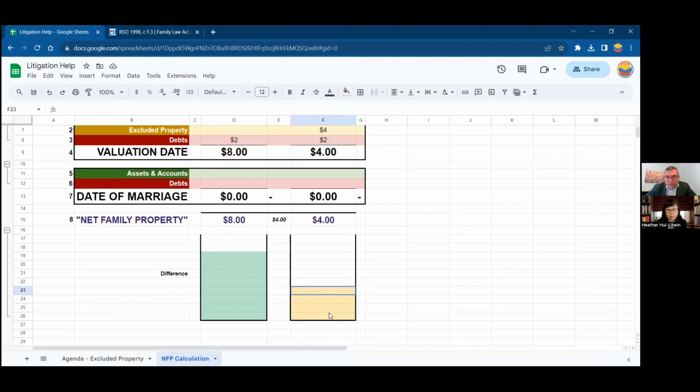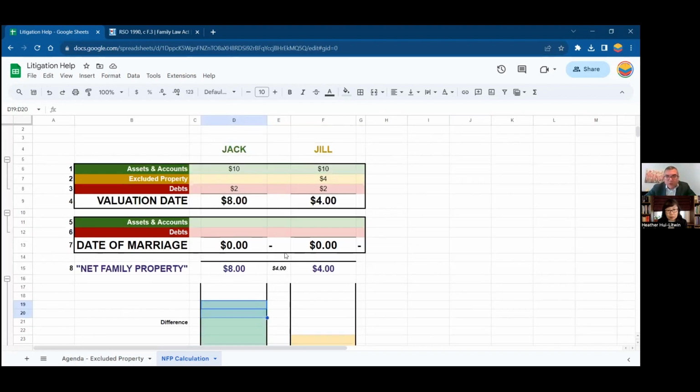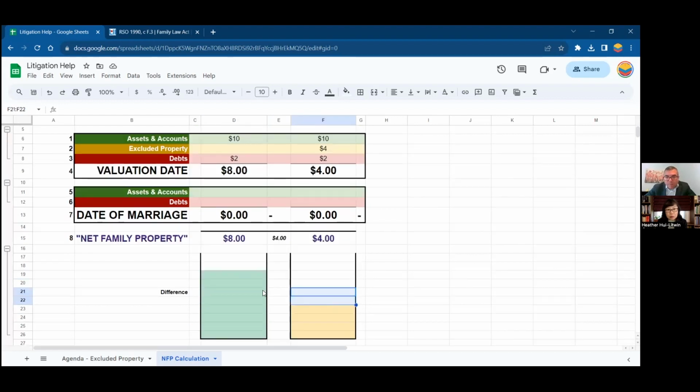The difference between the two is 4, and then the payment would be 2. That's the 2 over here. Notionally speaking, Jack is going to go down by 2 and Jill's going to go up by 2, and they will be equal at that point in their growth. I know that's complicated.